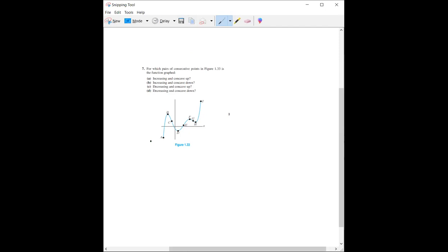I would start by separating these points into points that are increasing and points that are decreasing, because we're asked to categorize them based on increasing, decreasing, and concavity. So which pairs of points is there an increase between? I'd say A to B, D to F, H to I.